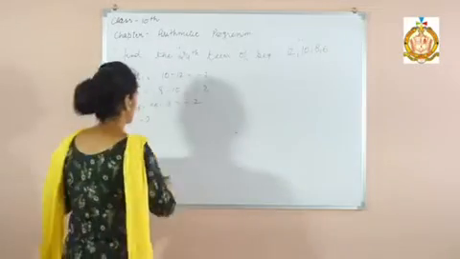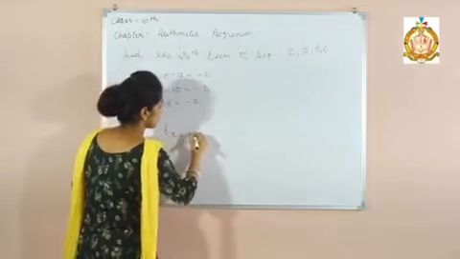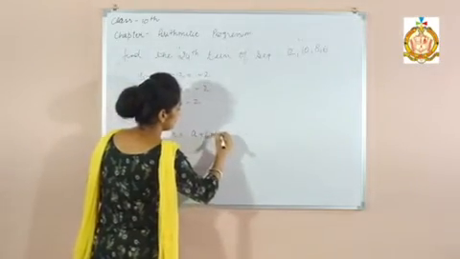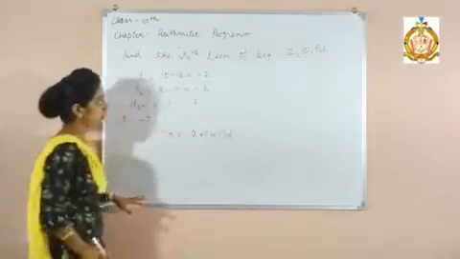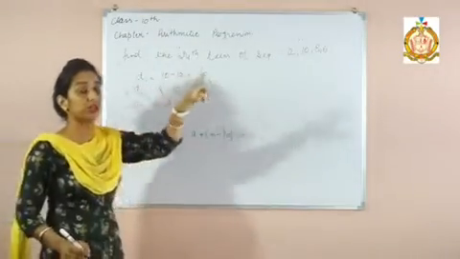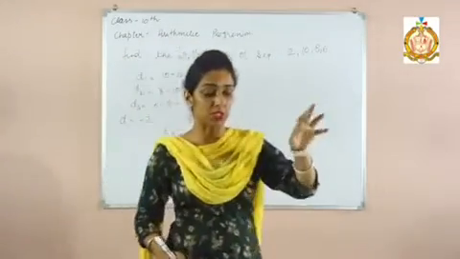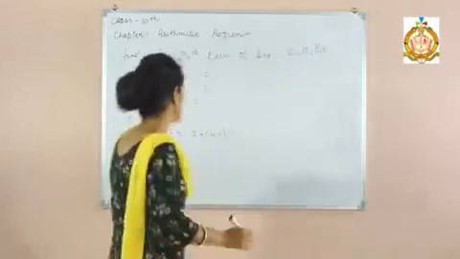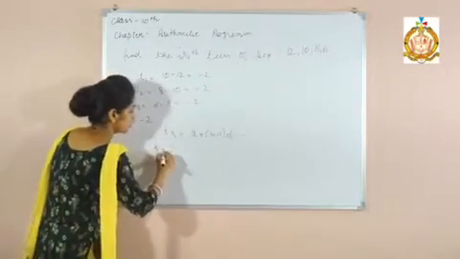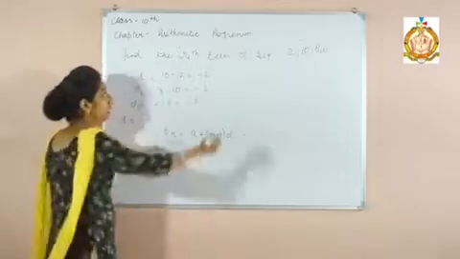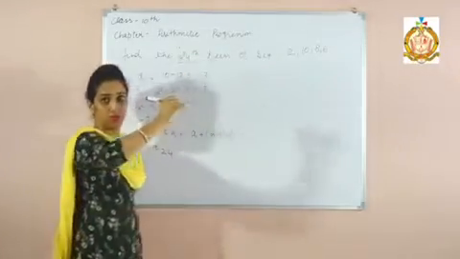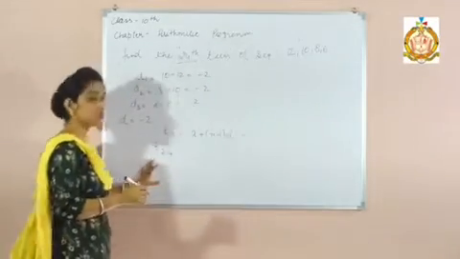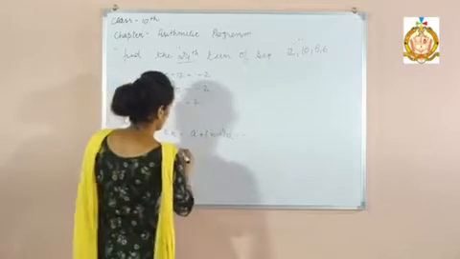Now, what is the general term? Tn is equal to a plus (n minus 1) into d. Find the 24th term, meaning n is 24.